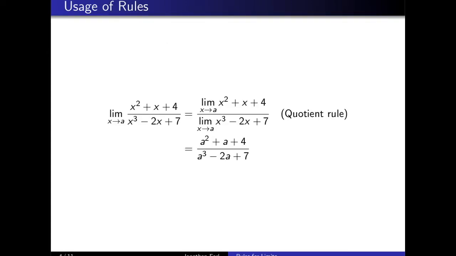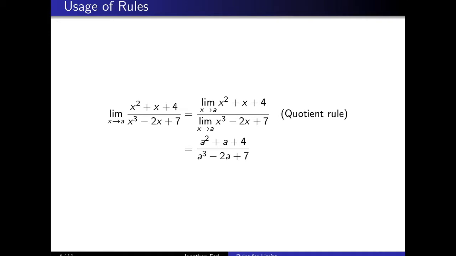Okay, so now let's go and look at a rational function, so a polynomial divided by a polynomial. So here what we'll say is we have the limit as x goes to a of x squared plus x plus 4, all divided by x cubed minus 2x plus 7, and we'll assume that a is a number so that a cubed minus 2a plus 7 is non-zero.